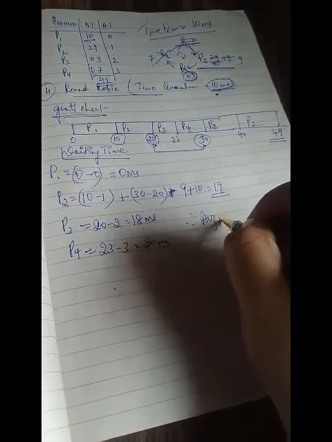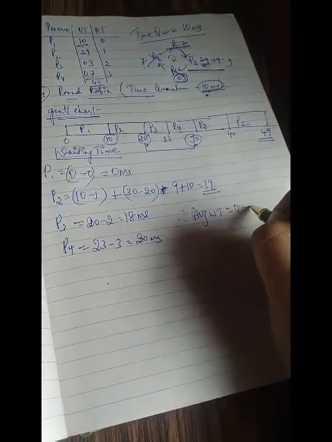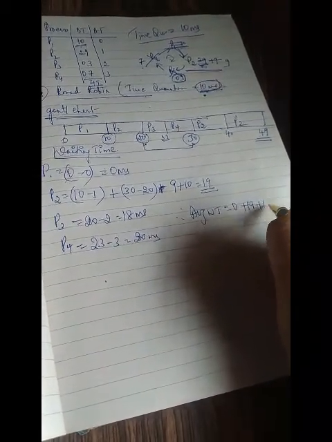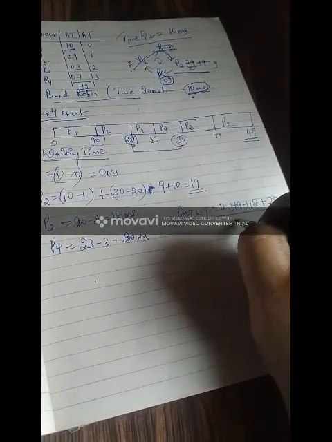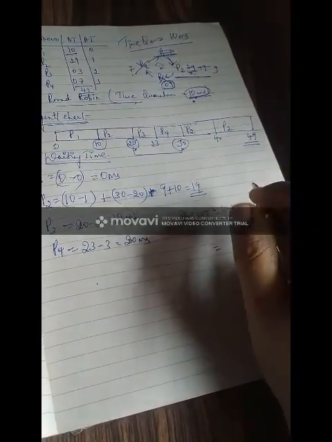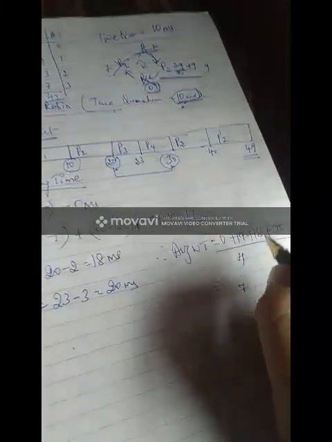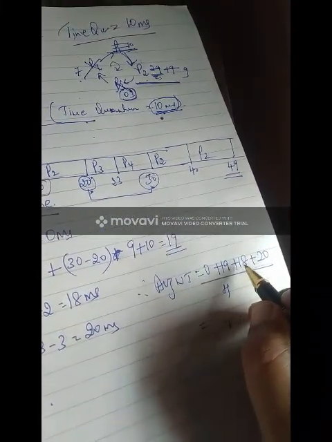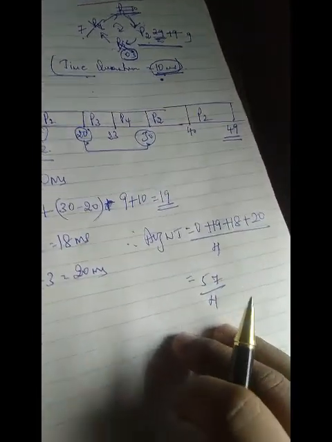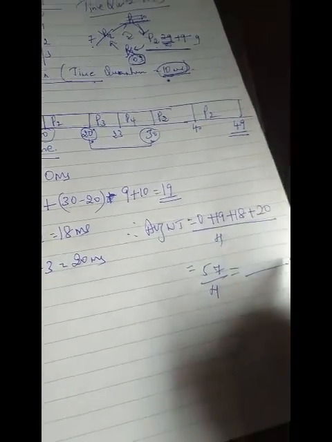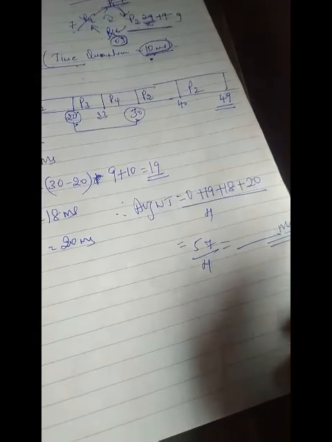Therefore average waiting time is equal to 0 plus 19 plus 18 plus 20 divided by 4. How much? 57 by 4. Just simplify to get that many milliseconds.